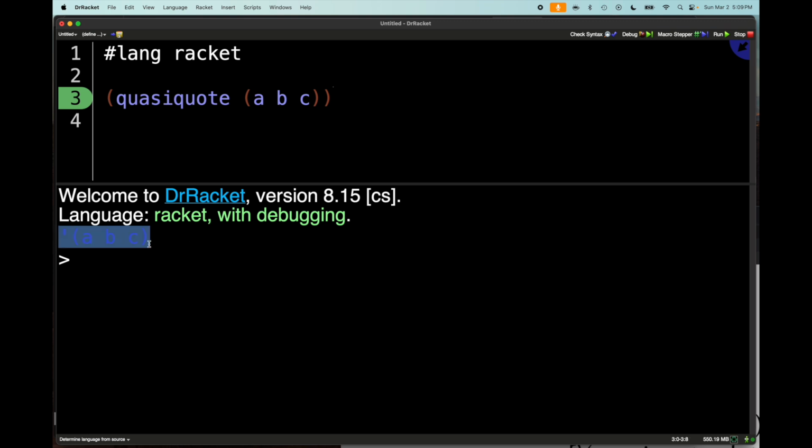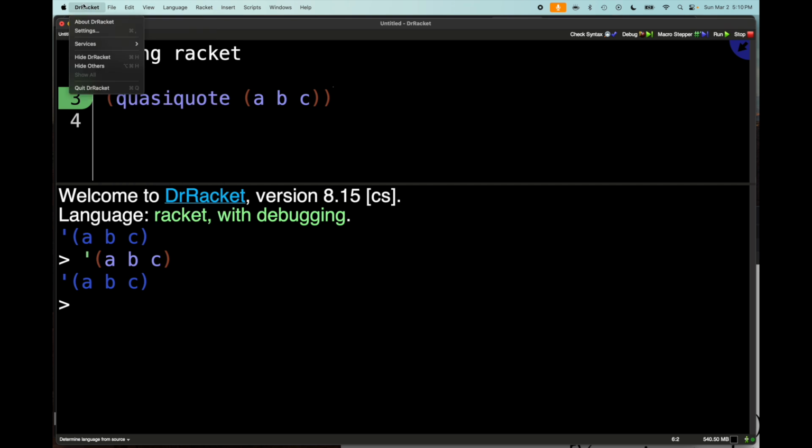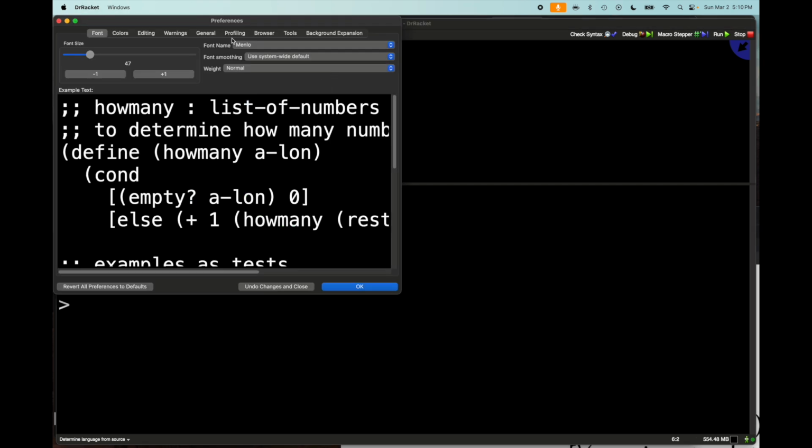The printed representation here is what you would type into the REPL if you want to get back list abc. But then they always show the quote as well. You can change that. Let's see. Might be under settings. There's a way you can change how things are printed.